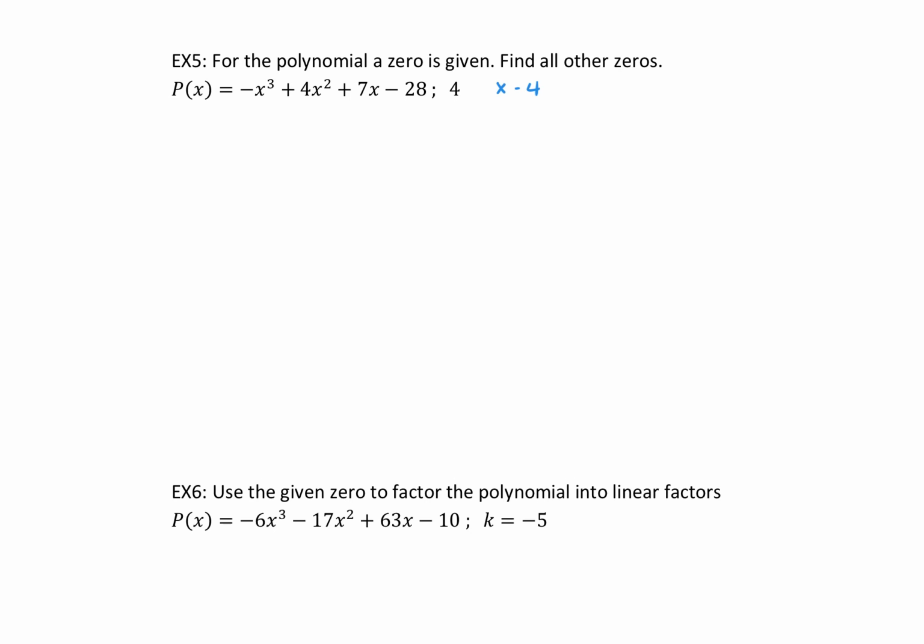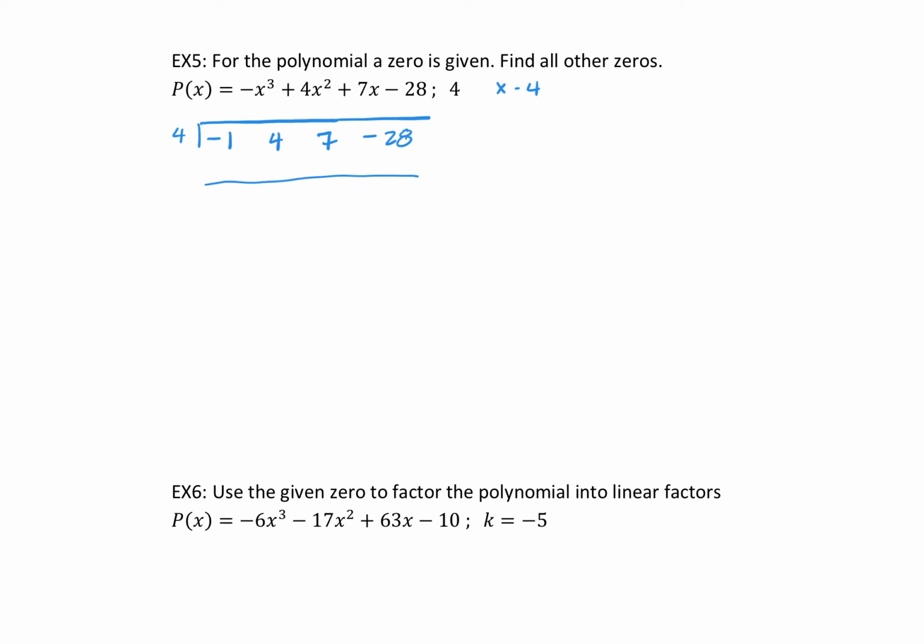Let's figure out what that something is by doing synthetic division. If I'm dividing by x minus 4, I'm changing this to a positive 4 on the outside. And then what goes under the fraction bar is the negative 1 in front of the x to the third, the positive 4 in front of the x squared, 7, and negative 28. Notice I'm not missing any terms here, so I don't need a 0 placeholder.